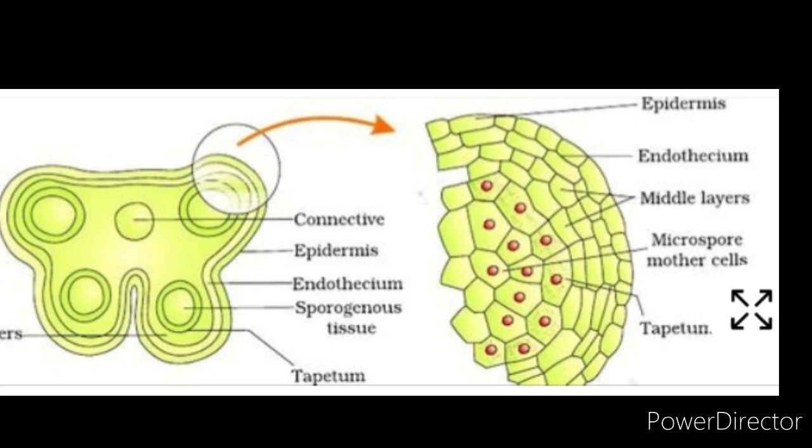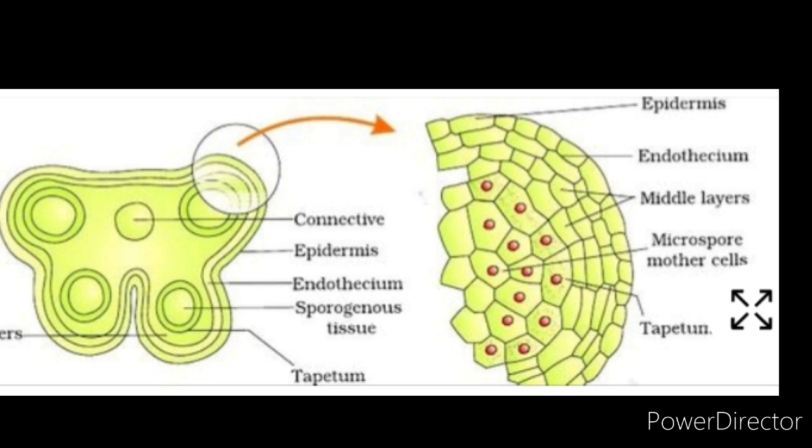The third layer is called the middle layer. These are 2 to 3 layers of cells present between the endothecium and the last layer, the tapetum. They store food materials.